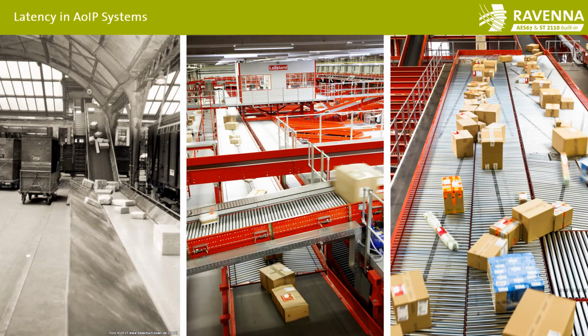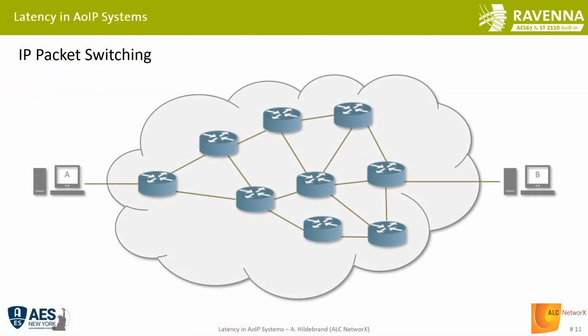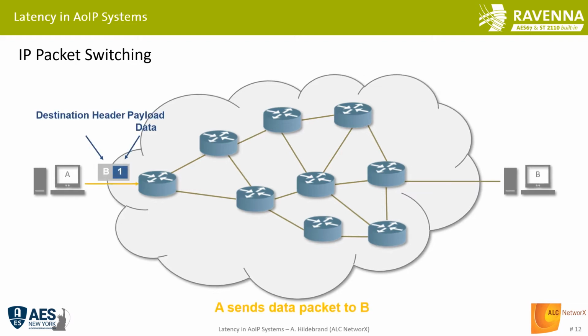It's packet switching. Now, if we look at a typical network, a mesh network, we see a particular sender, a particular receiver, and we have a number of switches, routers, network transporting equipment in between. The idea is, just like with DHL or FedEx, we have content and we have to wrap the content and send it through the network. That packet has an address, and the network knows exactly, okay, I have to distribute the content to a particular destination.